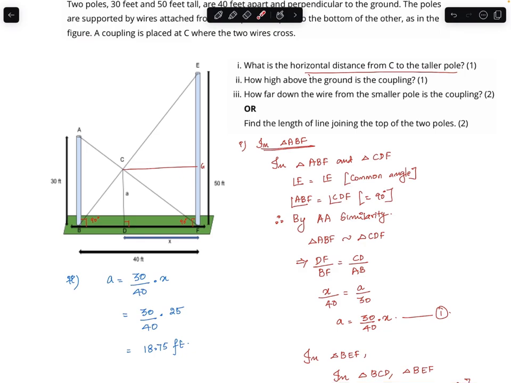For getting that, we can utilize the smaller triangle CDF. Again, in the triangle, we have A and X measurement. So from that, we can get the value for CF. Then we can subtract and get it.